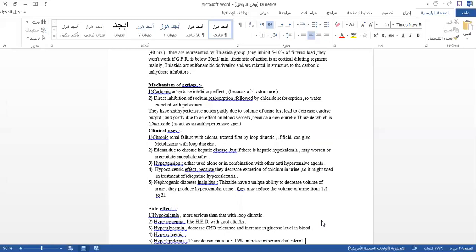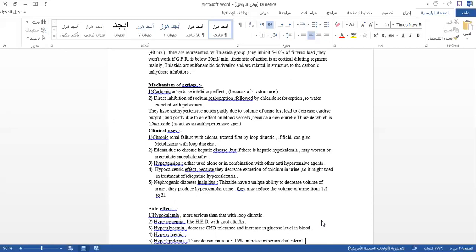Risk of hypokalemia is more serious with the moderate efficacy than with the high efficacy, due to long duration of action compared with the high efficacy, which has a short duration of 4 to 6 hours, while moderate can reach 40 hours. And other adverse effects.